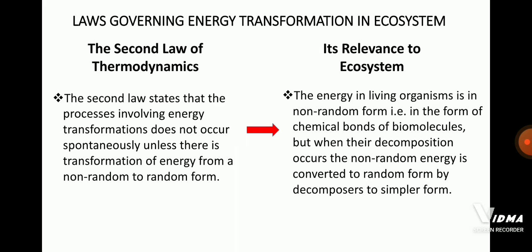The second law of thermodynamics is stated in different ways. For example, no energy transformation is 100% efficient. Next, no process involving an energy transformation will spontaneously occur unless there is a degradation of the energy from a concentrated form into a dispersed form.